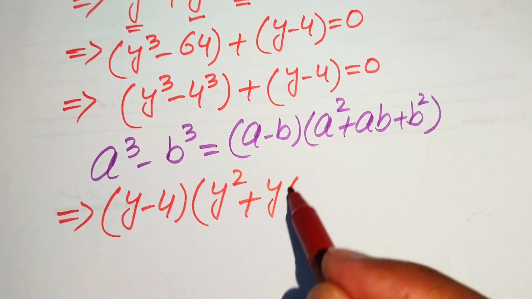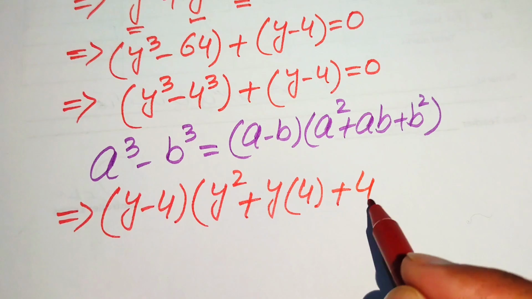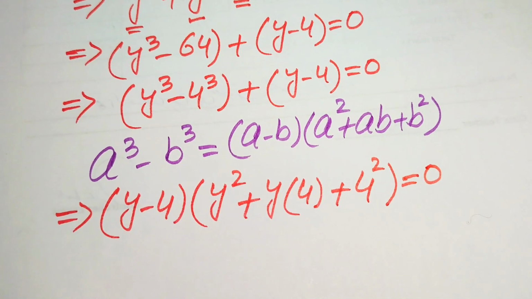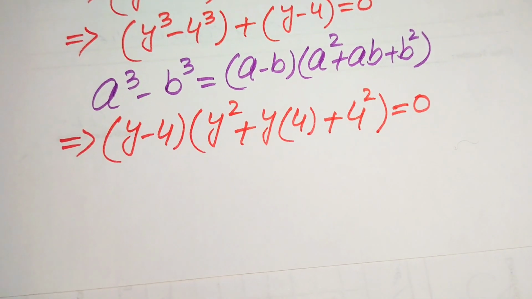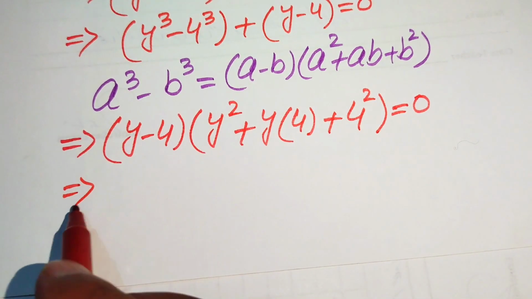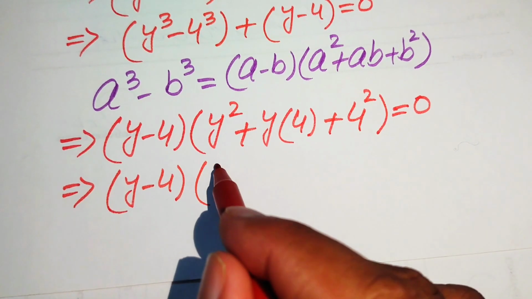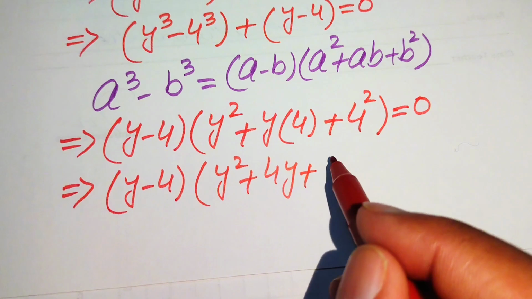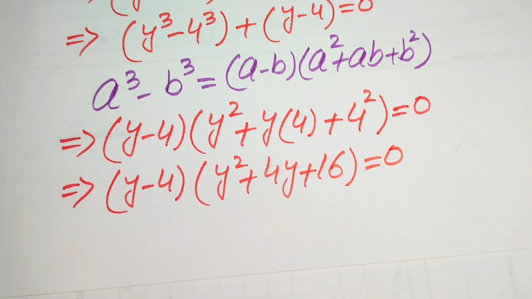Our a is y and b is 4, and plus b square, so b square is 4 square, and this equals 0. Further, we need more simplification of this equation, and when we simplify, it is written as y minus 4 times y square plus 4y plus 4 square, which is 16, and this whole equation equals 0.